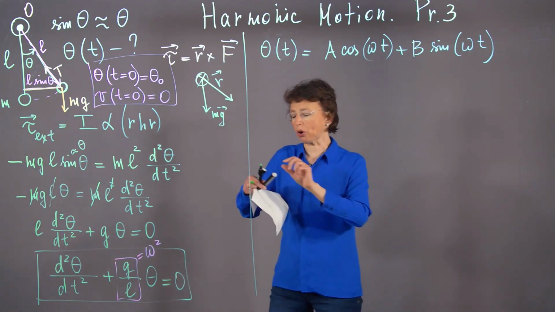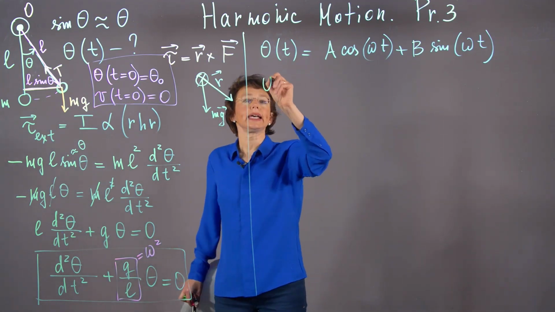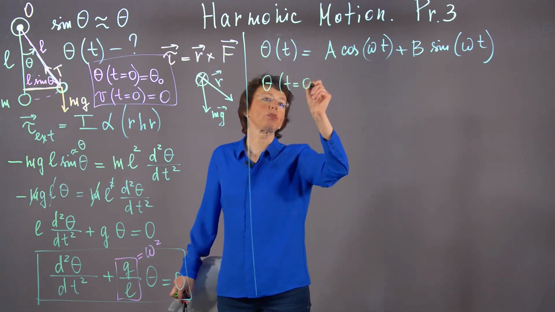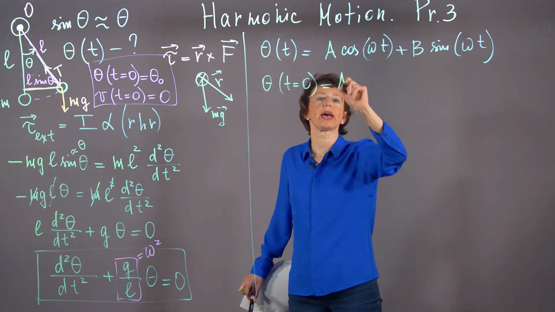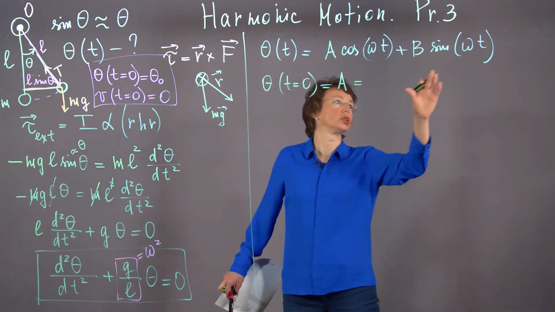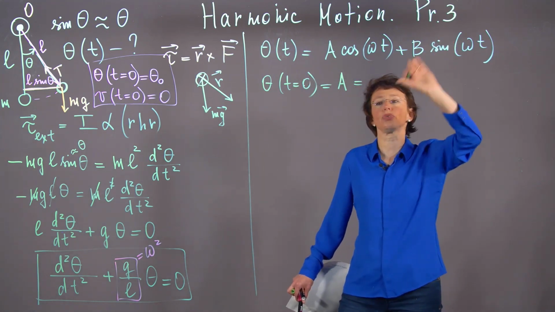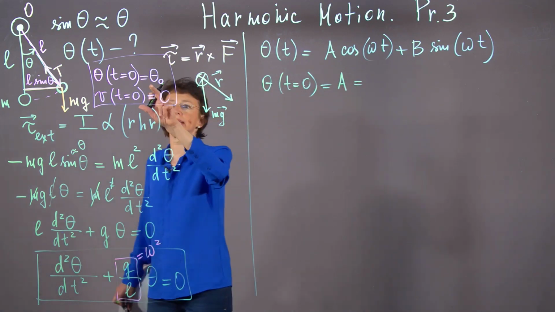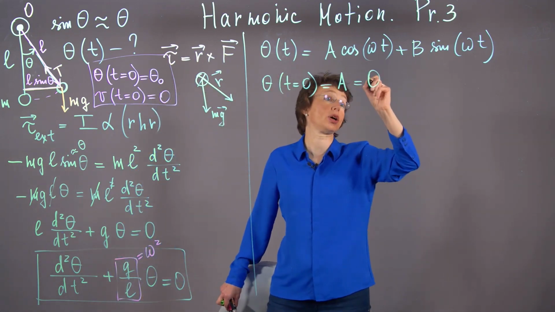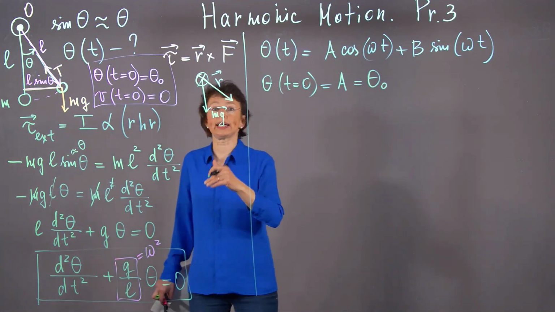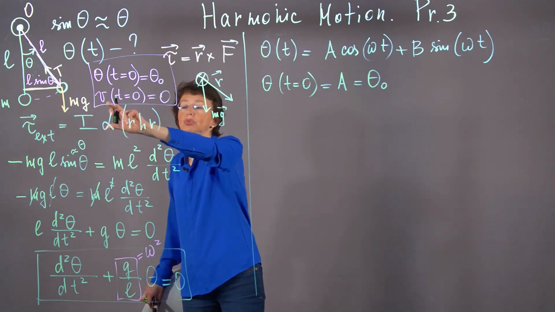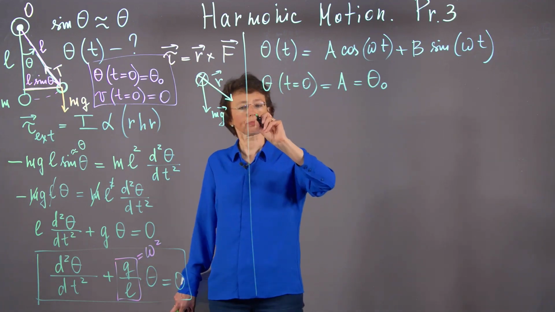Okay, we keep going. Theta at time moment 0. I plug in time moment 0 here. Cosine 0 is 1, so I have A. And the second one, sine 0 is 0, no second guy. And this is equal to theta naught. We already found A, great. Now I need to find B, and for B I need to figure out what my velocity is.